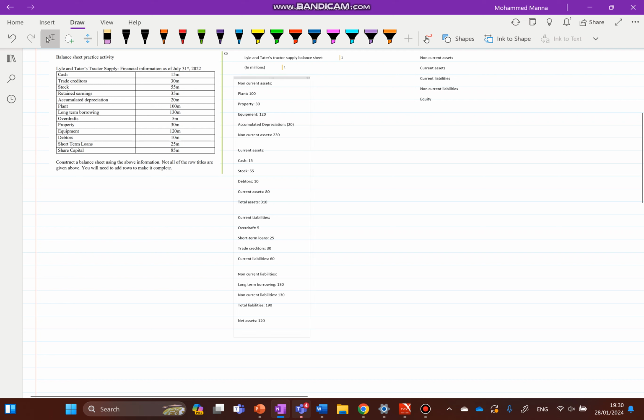So we'd start another separate part of the balance sheet lower down, and you'd write down the retained earnings, which are 35. And then share capital, which is 85.